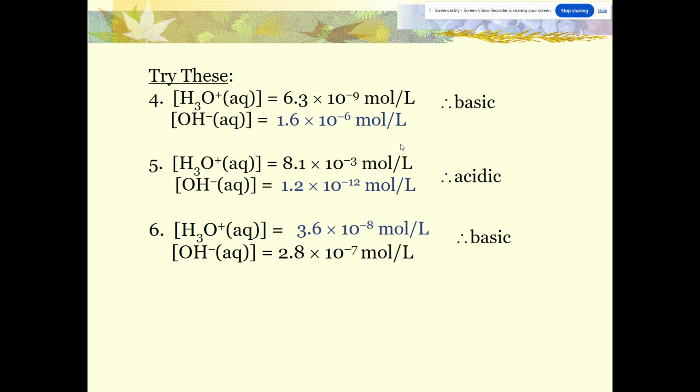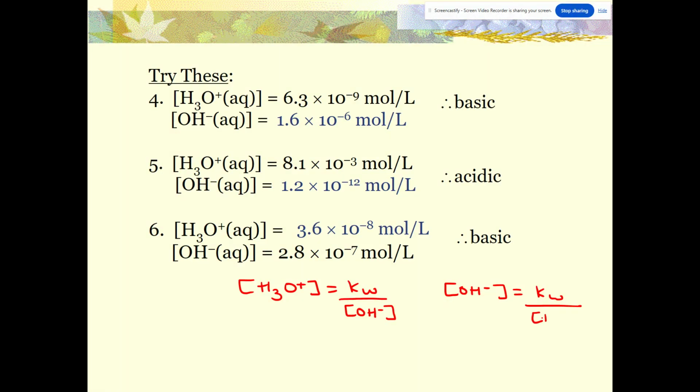They're pretty similar, but in order to be neutral, they have to be exactly the same. So again, if you are trying to find hydronium, you take Kw and divide by hydroxide. And if you are trying to find hydroxide, you take Kw and divide by hydronium.